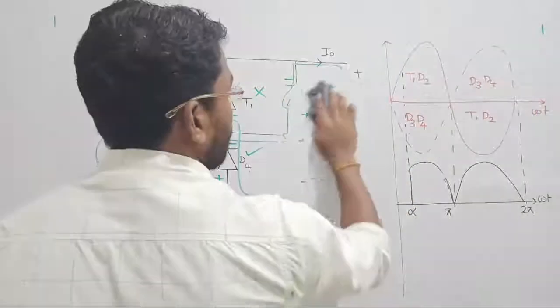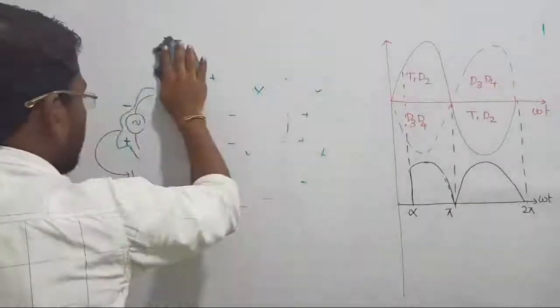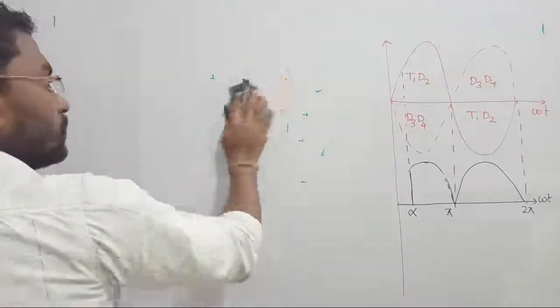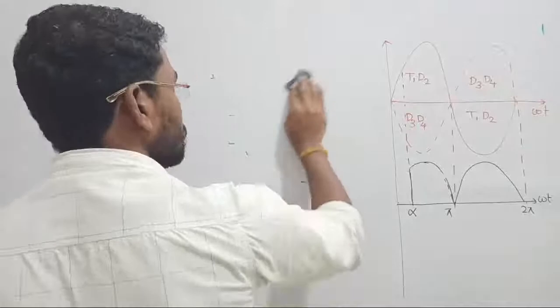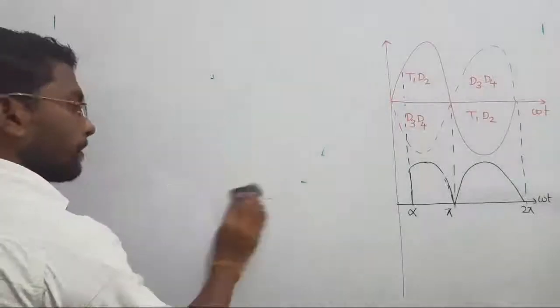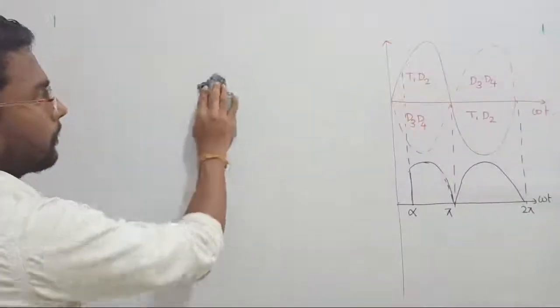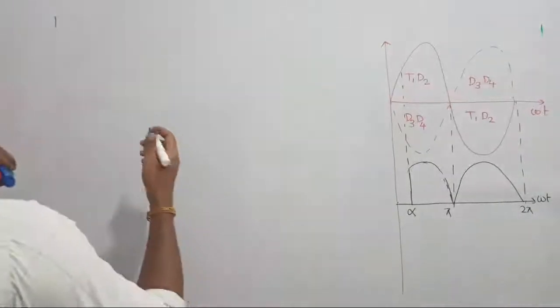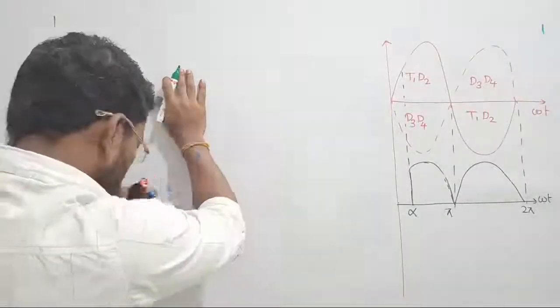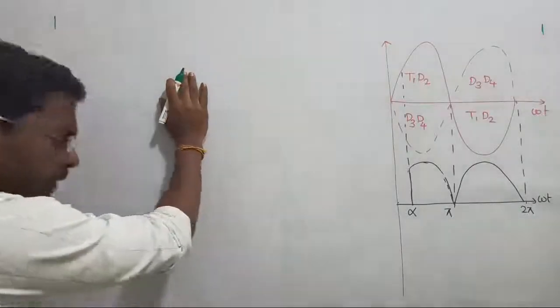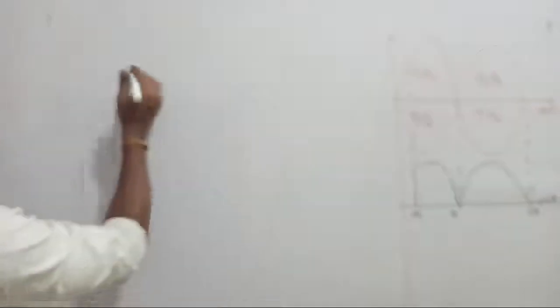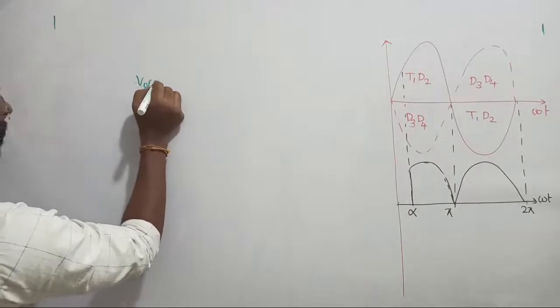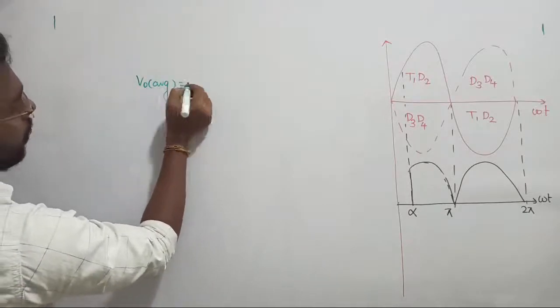Now calculate the V naught average. I said just calculate the V naught average, right? Let's see what happens. V naught average is going to be area by time.